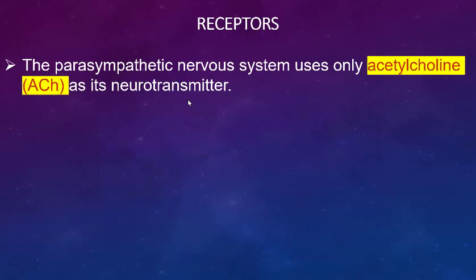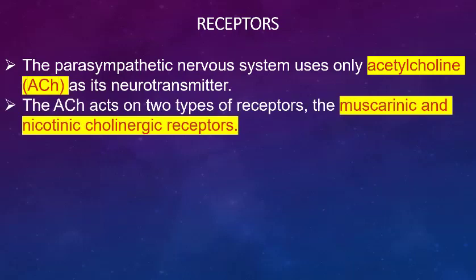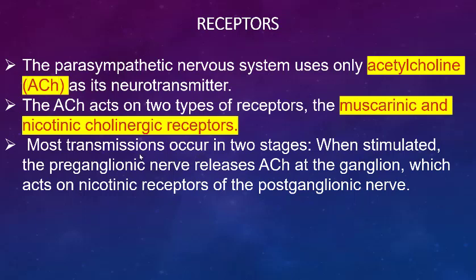The acetylcholine acts on two types of receptors, the muscarinic and nicotinic cholinergic receptors. We know that any receptor which responds to acetylcholine is called a cholinergic receptor.